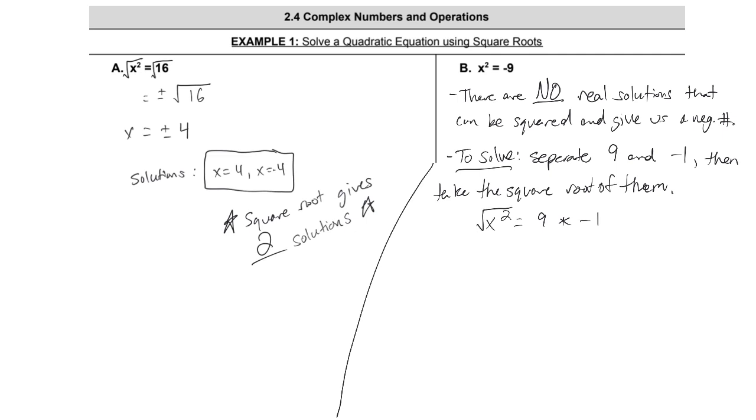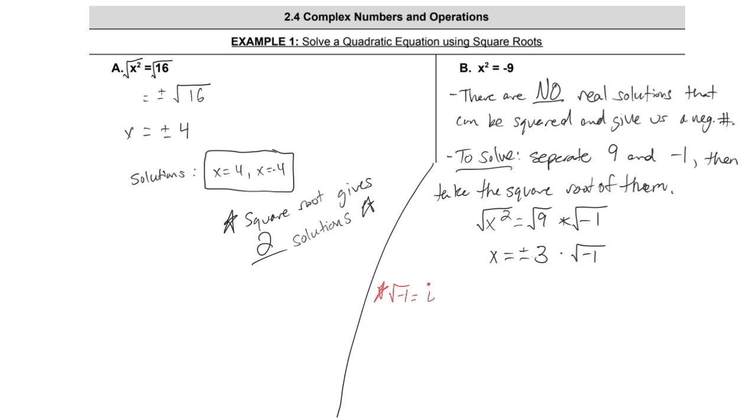We take the square root of all three terms. So we get x equals plus or minus the square root of 9, which is 3, times the square root of negative 1. Now, this is important: whenever you see the square root of negative 1, it's equal to i.